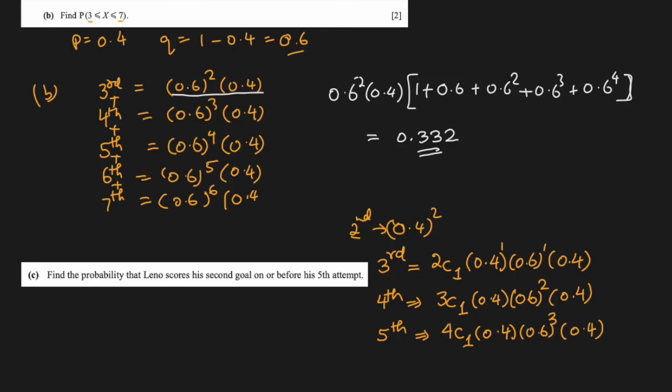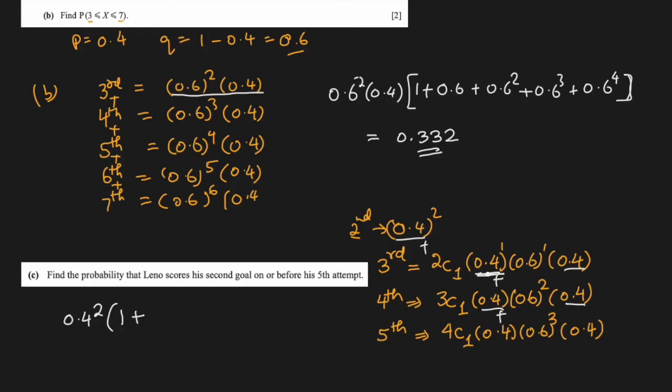Now I need to add all of these, and you can see that all of them have 0.4 square common. So I will take 0.4 square common. First, when he gets success in the second attempt, it is just 1, because 0.4 square is taken common.